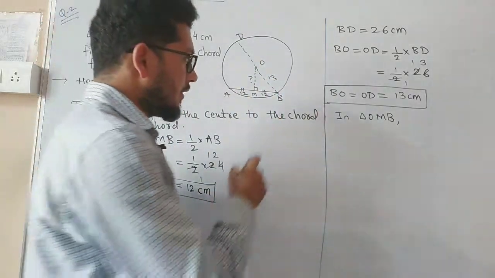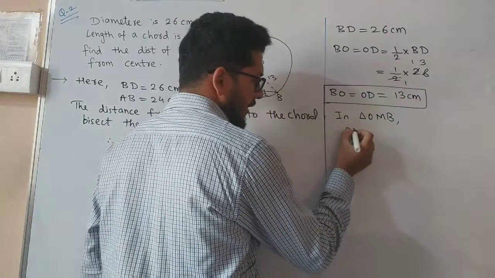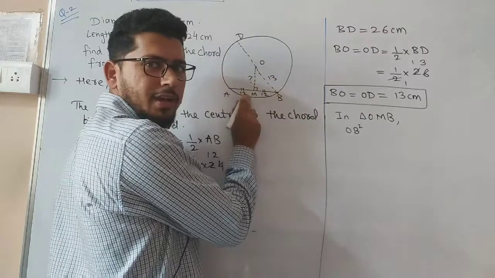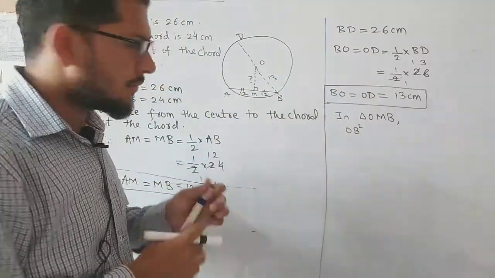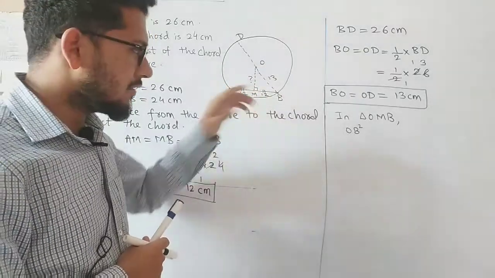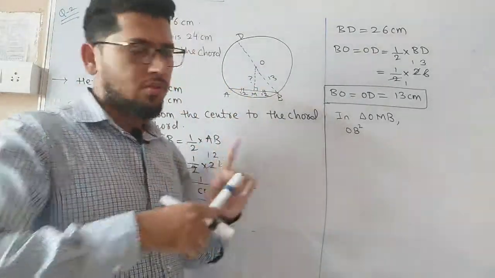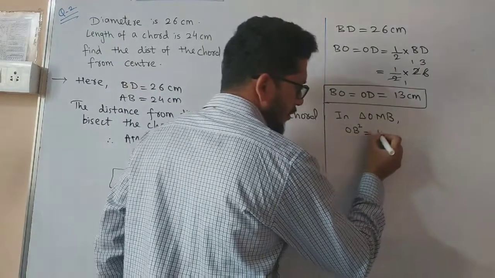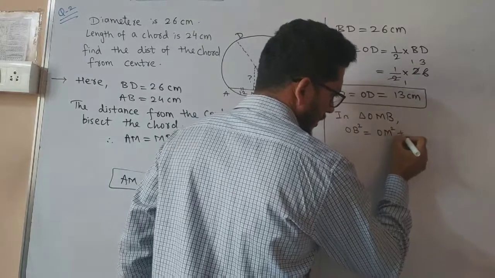So what will we write here? Using Pythagoras theorem we will write OB square. Is it visible to everyone? OB is your hypotenuse, OM is your side 1 and MB is your side 2. So using Pythagoras theorem, OB square is equal to OM square plus MB square.